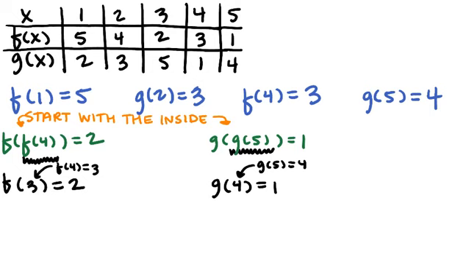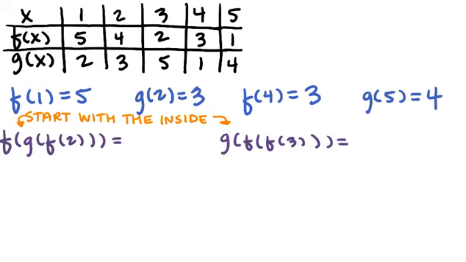Now the next ones are kind of more extreme examples, but we can do these too. So they ask us for f of g of f of 2. What I'm going to start with is f of 2. f of 2 is equal to 4. So I've got f of g of 4. Now I need to look at g of 4. g of 4 is going to be 1.